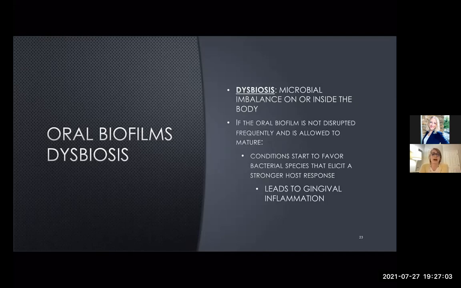So again, if the oral biofilm is not disrupted and it's allowed to mature, then the condition in the mouth is going to start to favor the pathogenic bacteria, which leads to gingival inflammation. So if we're not disrupting plaque biofilm in the mouth, the bacteria become more pathogenic as we let that colony mature.